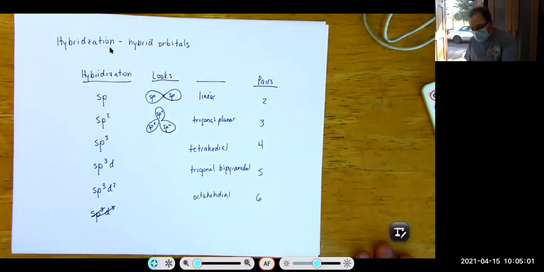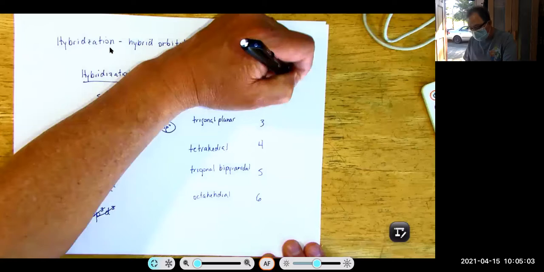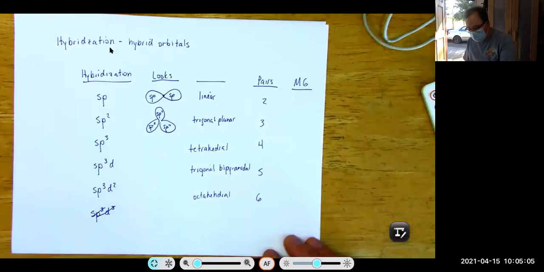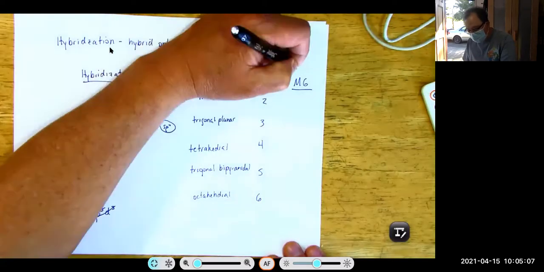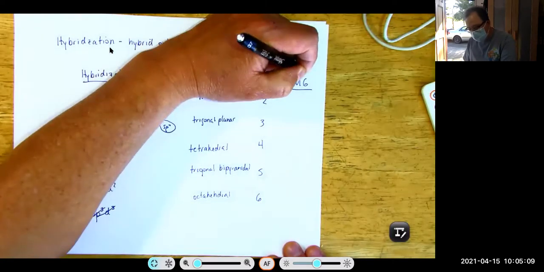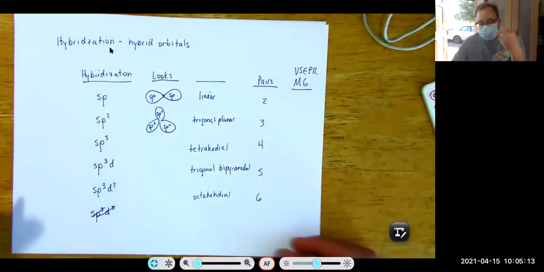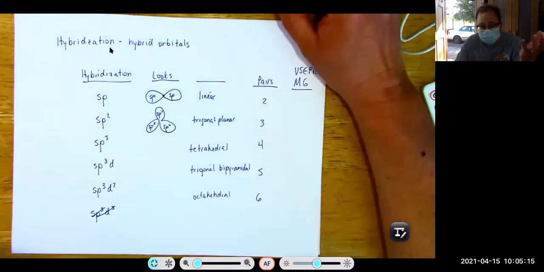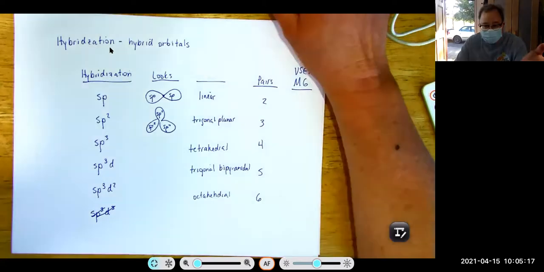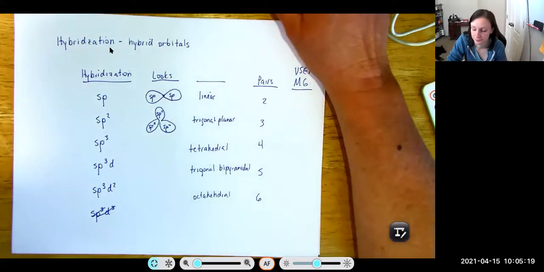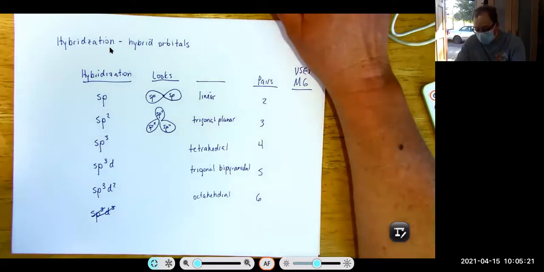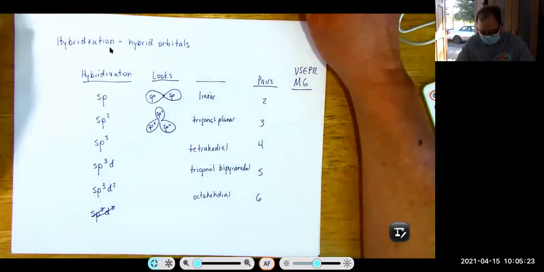Now, as far as the molecular geometry goes, you still are going to use VSEPR to name those, okay? So for instance, for octahedral, do you remember how we had octahedral, then we had square pyramidal, then we had square planar? You still have that here.